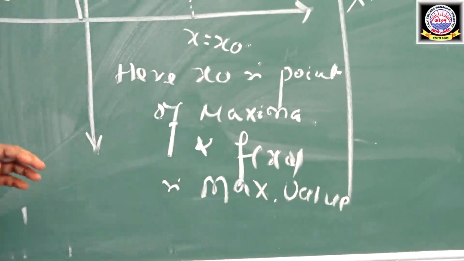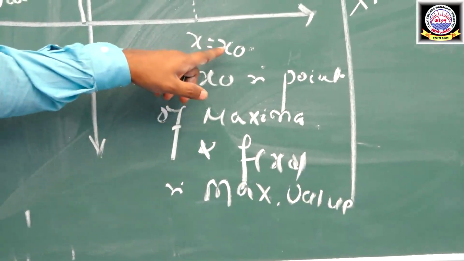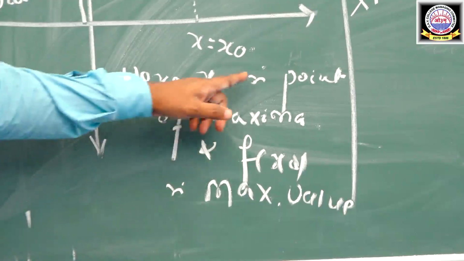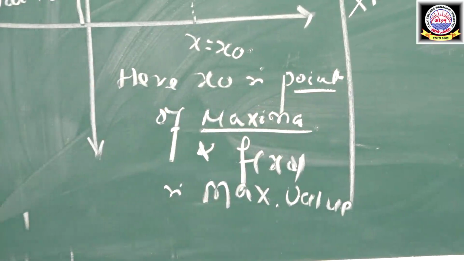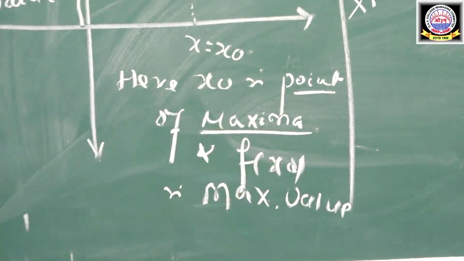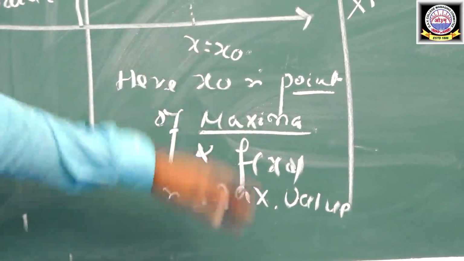Write down once again, x equal to x0 is the point of maxima, and f of x0 is the maximum value of the function.